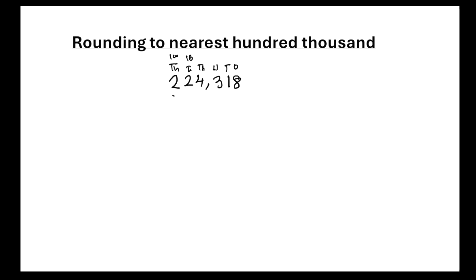So the 100,000 digit is 2. Look at the previous number, 2. The 10,000 digit is 2. So there will be no change in the 100,000 place. So 224,318 will become 200,000.